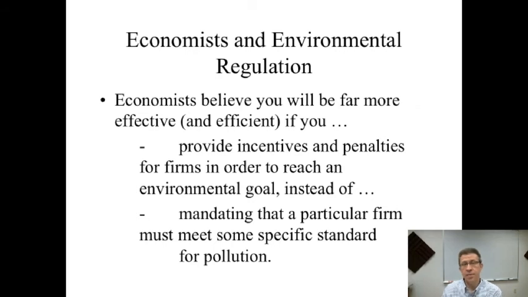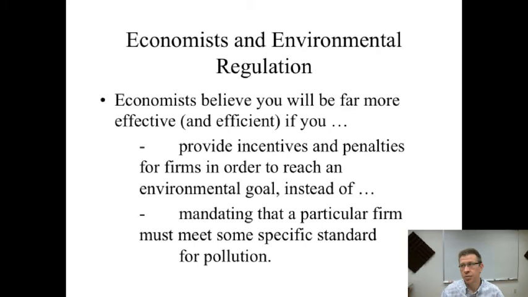The benefit of that is the firms that can cut it very easily can cut it easily, and they'll save a lot on the tax money, or they'll get a bigger subsidy. The firms that can't cut down easily, they know they'll just have to pay the tax instead of cutting down. You still, as a whole, are cutting down your pollution by the same amount. It's just different firms are cutting at different amounts. Why do you, as a member of society, care?